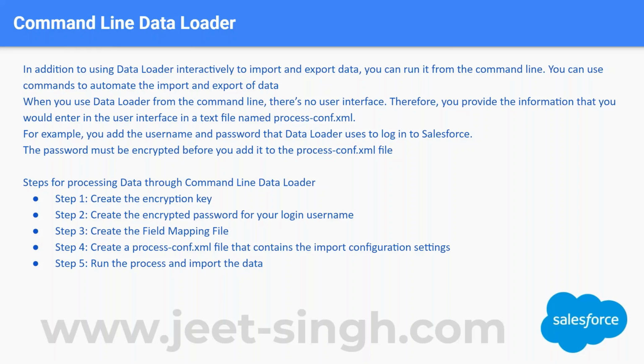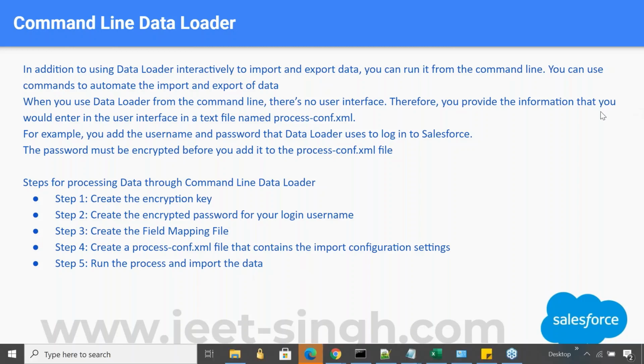All right, now before I go through each of these steps one by one, I'm going to introduce you to some of the files which are part of your Data Loader folder, which you will have to work with while we are doing this.